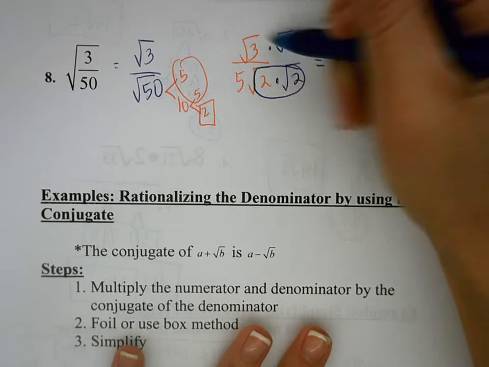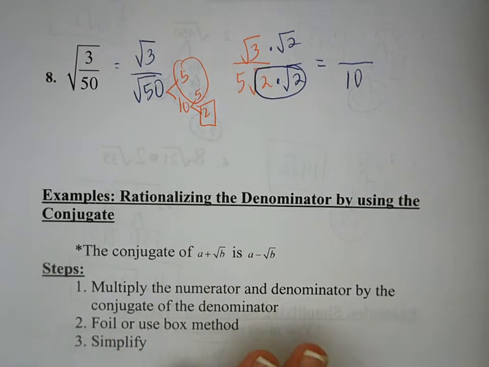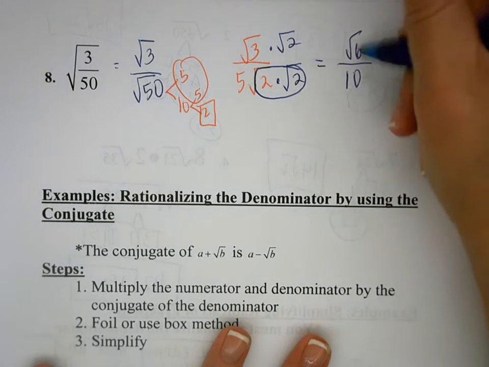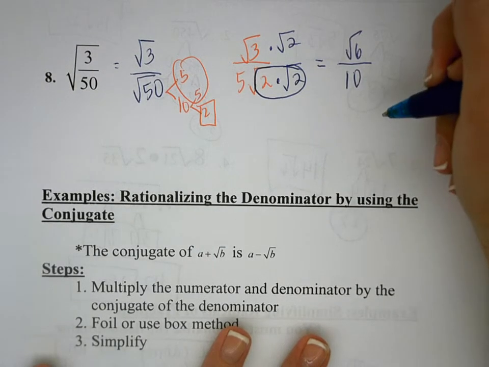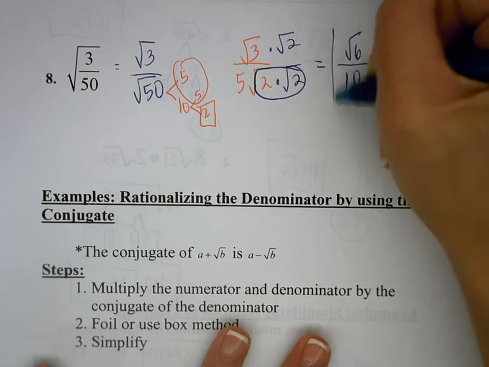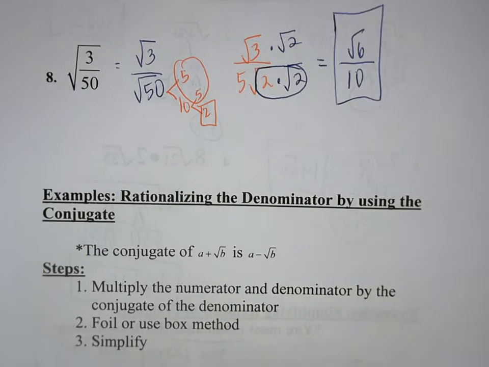And then on the top, can I break either of those down? No, so what do I end up with? Can I reduce those? Why not? Good. Very good. They either have to both be under a radical or both be on the outside. So that is my answer.